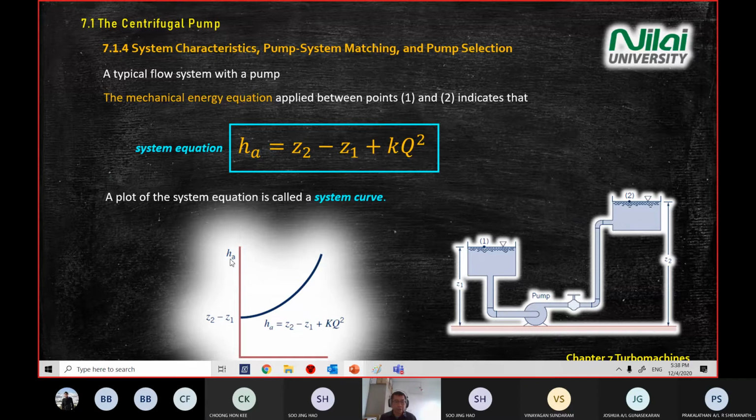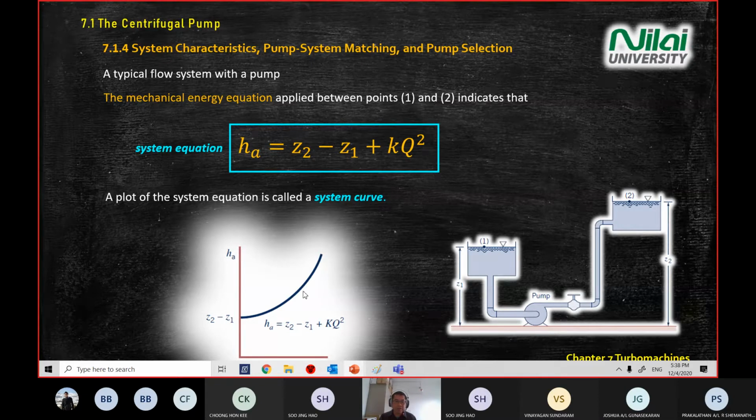So from the graph, you can see the relationship between HA and Q. This is a quadratic equation. Y equal to ax square plus b is a quadratic equation. So you'll get a graph like that.